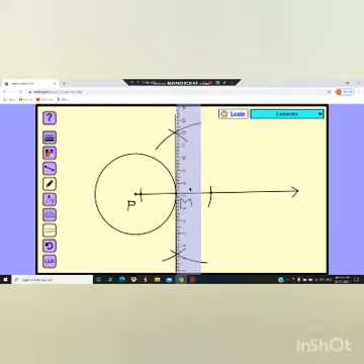Now see. To this line on both sides we have to show the arrow. And this is perpendicular, so we have to show it with the 90-degree or right angle symbol.